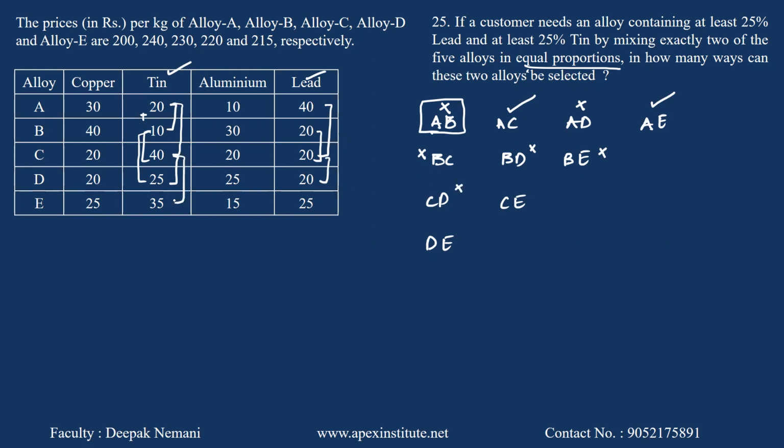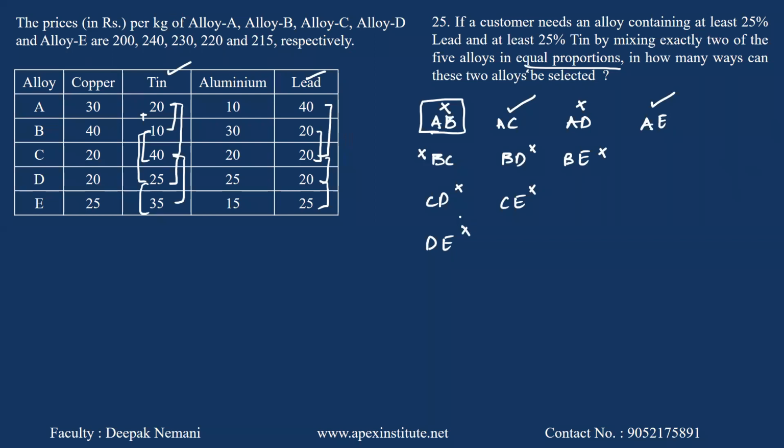Now CE, 40 plus 35, 75, and 20 plus 25, 45, not possible. Then you have DE, 25 plus 35, perfect, for 20 plus 25, perfect. So this is not possible, this is not possible.